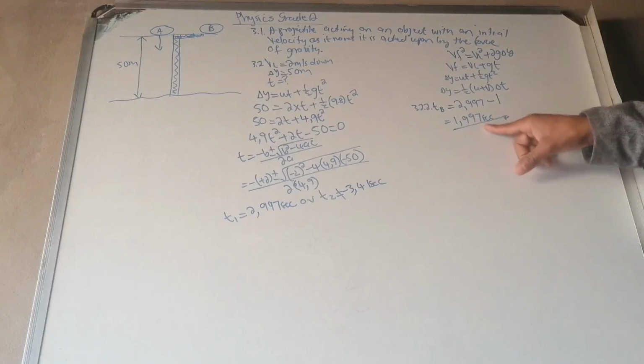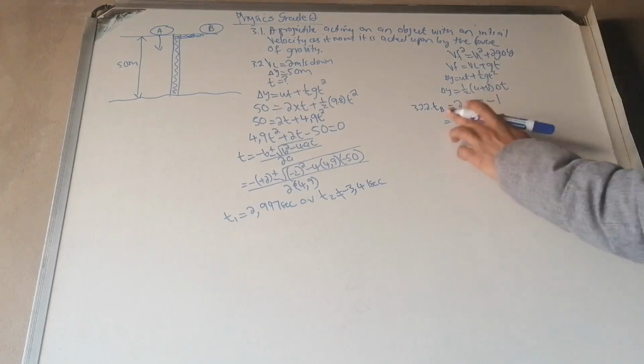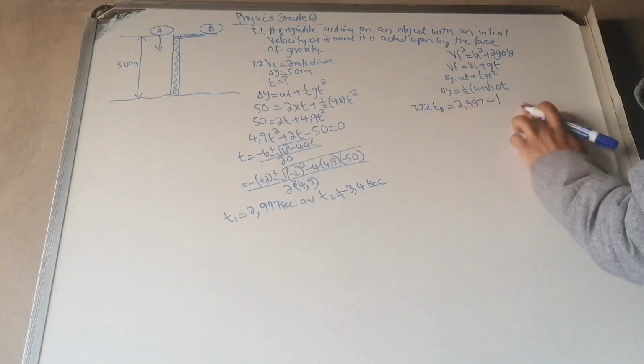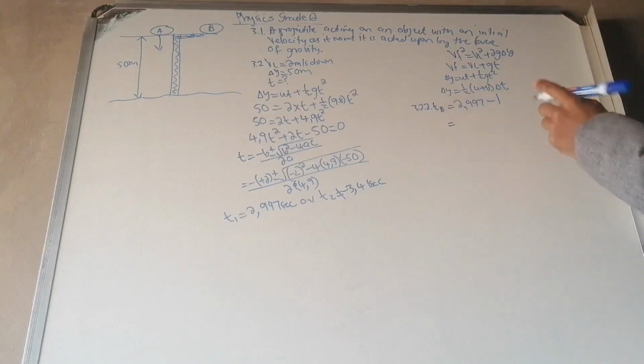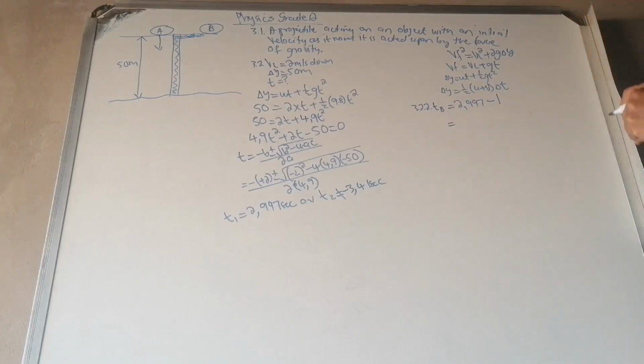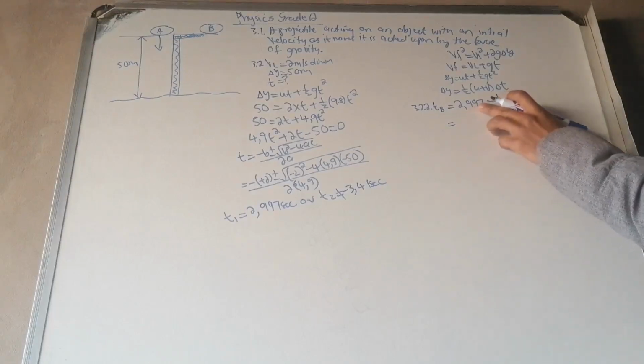But if they hit the water at the same time, now what is it that I want to do here? I want to say, because the second stone B was released 1 sec after stone A was being released, what I'm going to cancel here, I'm not going to cancel a 1, but I'm going to cancel a 1.997.